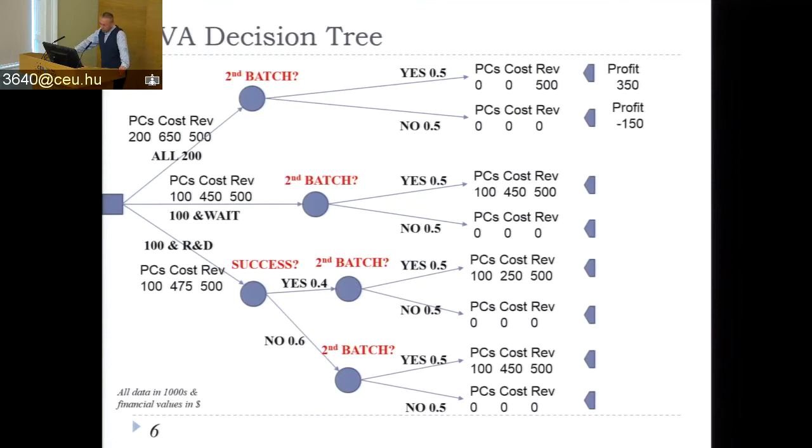We are a bit unlucky, because if we have manufactured all 200,000 to begin with, and we are not getting the second order, then quite simply, sorry, we are in a loss. In fact, this is 150,000 of loss. Once again, if I just go through these rows, these decision pathways, you can check these calculations later.